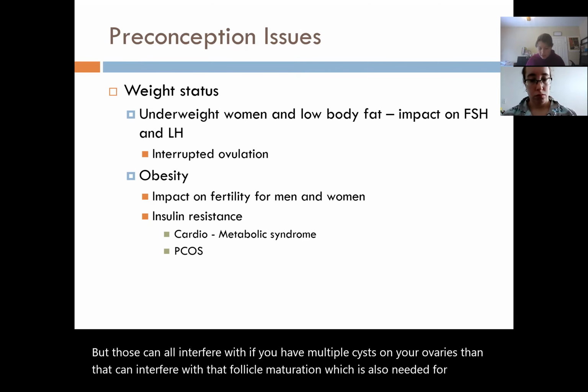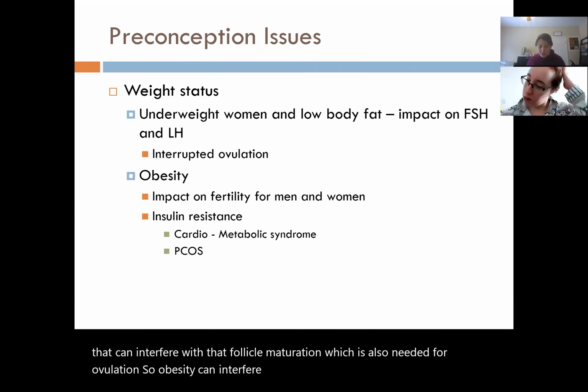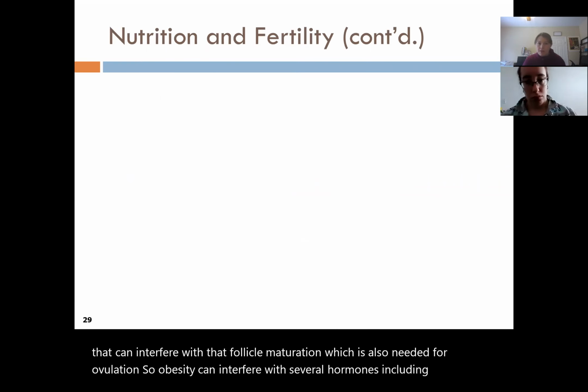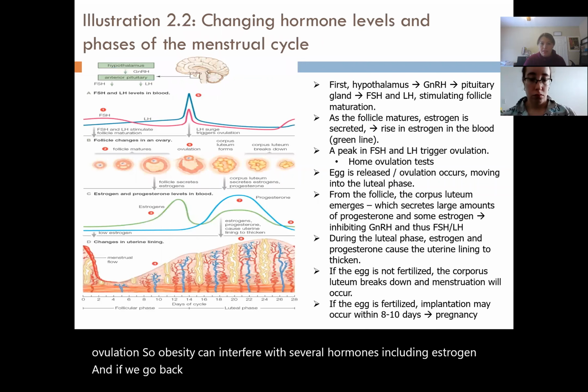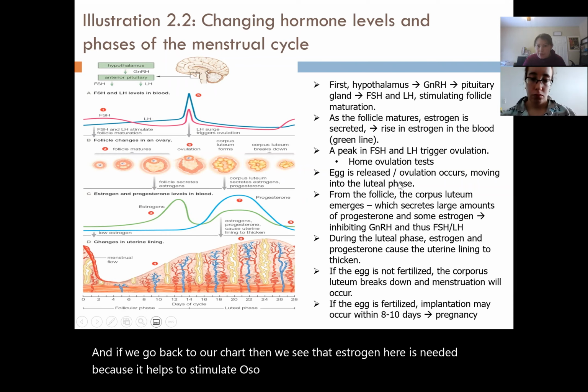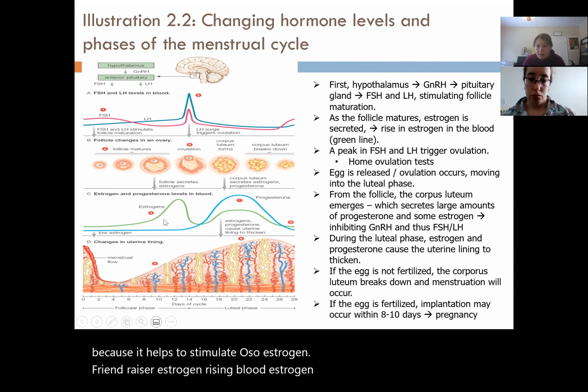So obesity can interfere with several hormones, including estrogen. If we go back to our chart, we see that the rise in blood estrogen is the green.